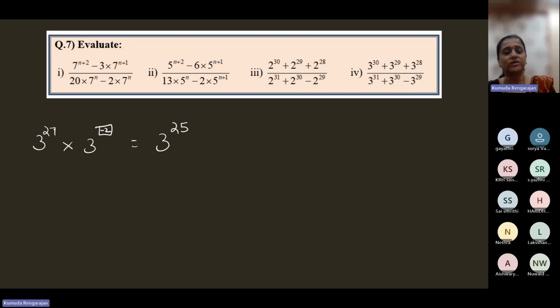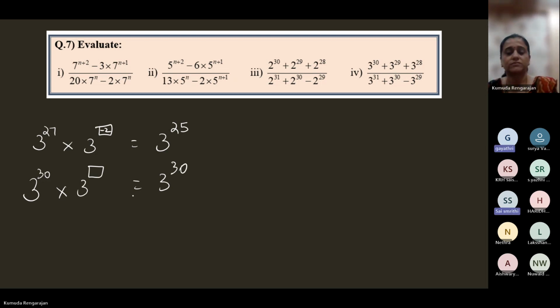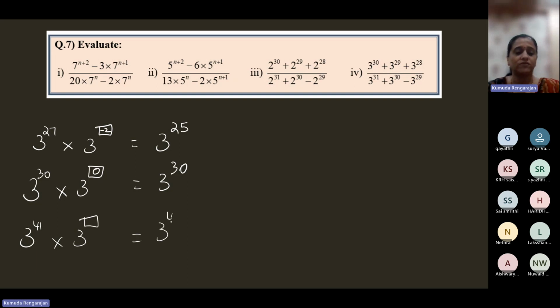So we need to add the powers, 27 plus minus 2. So 27 minus 2, 25. Correct. 3 to the power 30 into 3 to the power what will give us 3 to the power 30? 0. 0, ma'am. 3 to the power 41 into 3 to the power what will give us 3 to the power 45? 4. 4, ma'am.